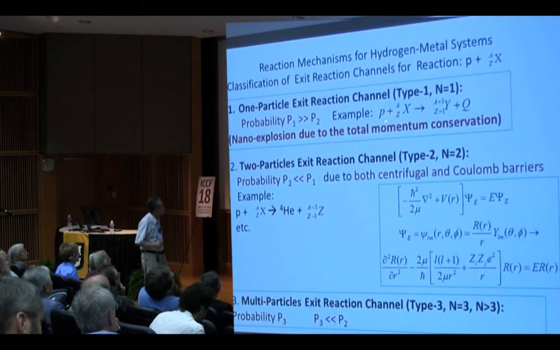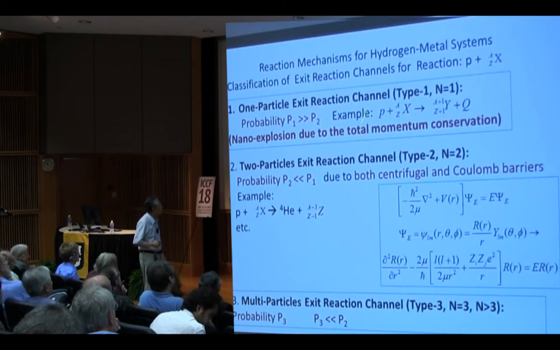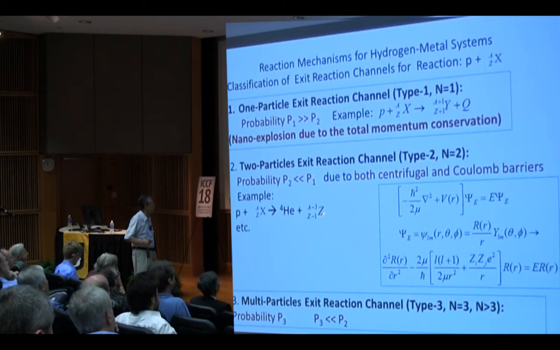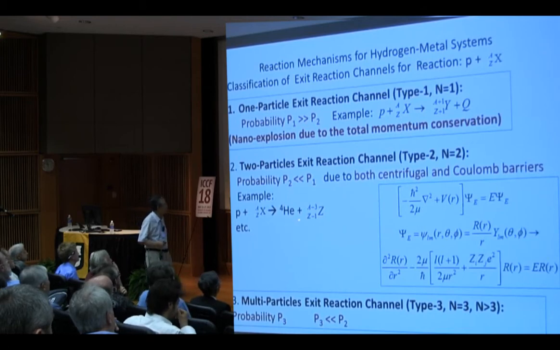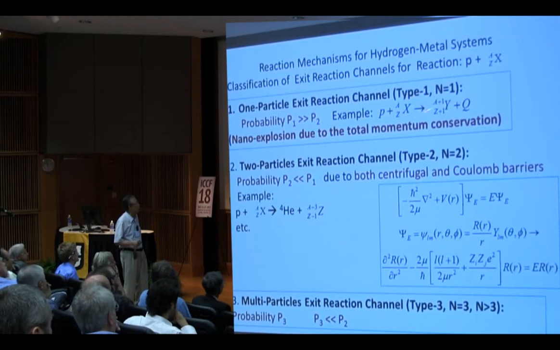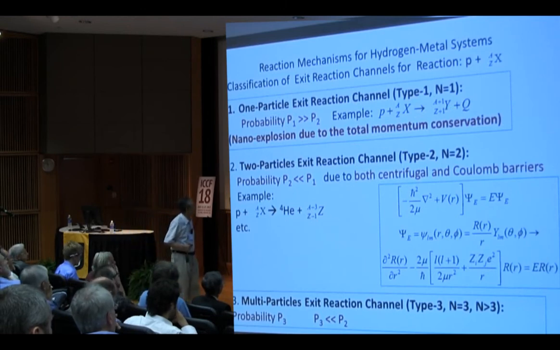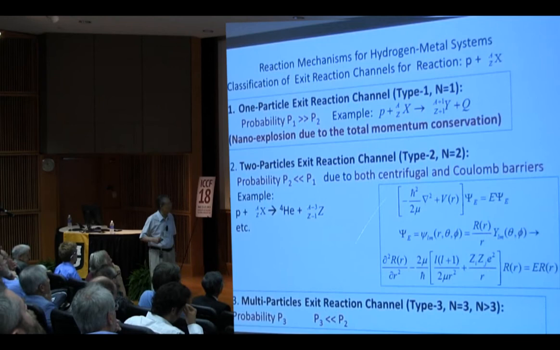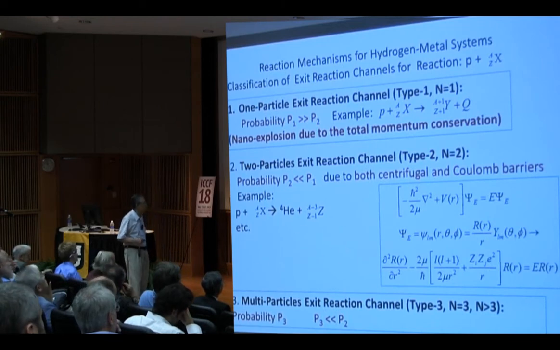If you just extend everything from the previous case, you get this kind of classification. Again, this is a matter of probability because this channel has to go through the barrier. So the probability of this channel is much smaller than that. This is quite a general formula. It can be any nucleus you're talking about here, and yet the formula I wrote down earlier can be applied.